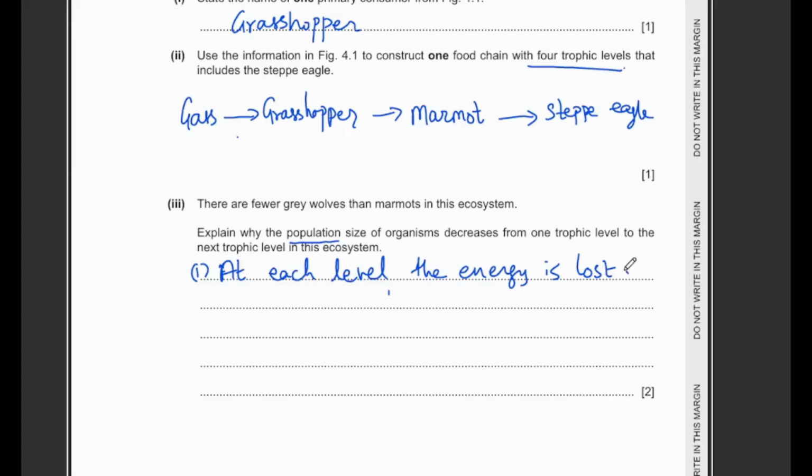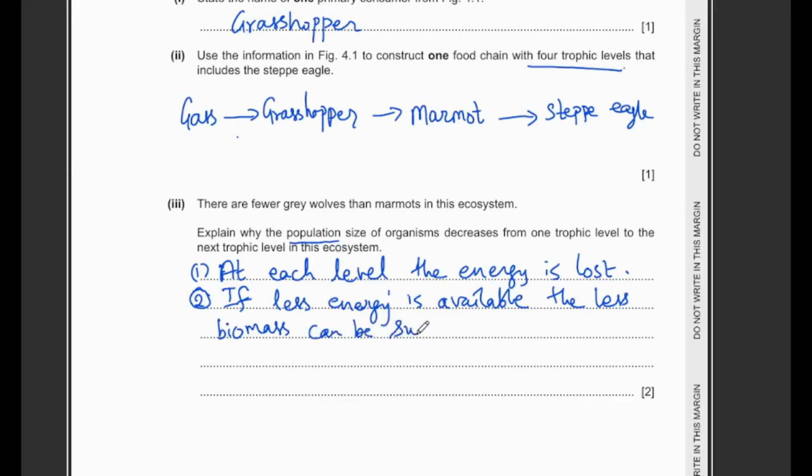The second point would be how the energy, okay, fine. Now suppose if less energy is available, then less biomass can be supported.